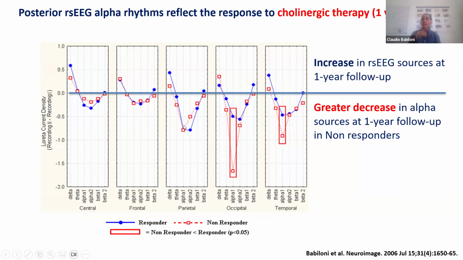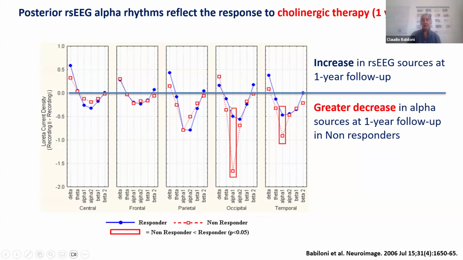The results were presented in two subgroups of Alzheimer's disease dementia patients: those who didn't respond to the therapy, didn't show cognitive improvement or stabilization after 1 year, in red.